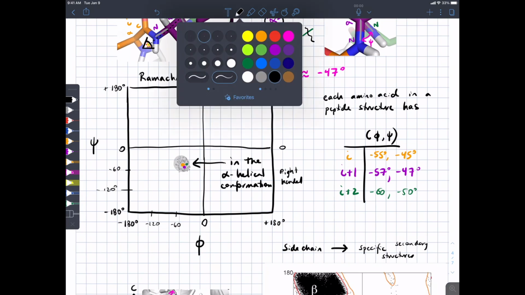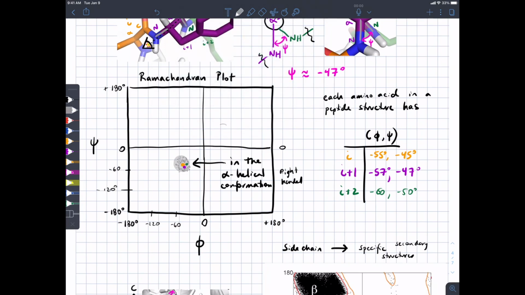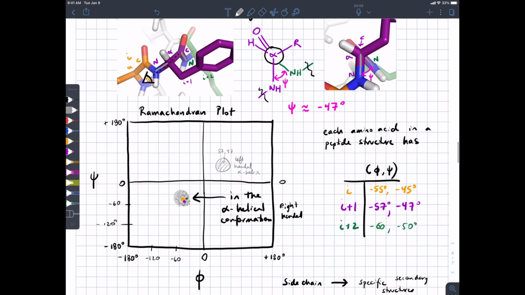There's another spot in this region at plus 57, plus 47, and this would be a left-handed alpha helix. And you can make those if you make your peptide out of D amino acids. And there are some side chains that are actually okay adopting those structures. Most of the L amino acids don't like adopting this particular set of dihedral angles because there's a lot of steric clash.